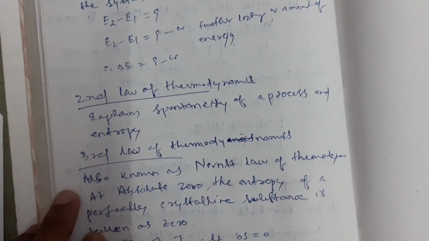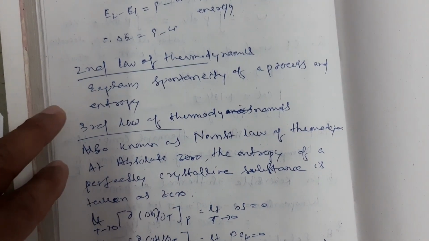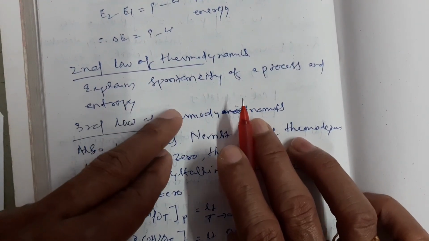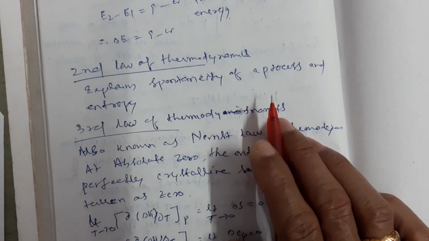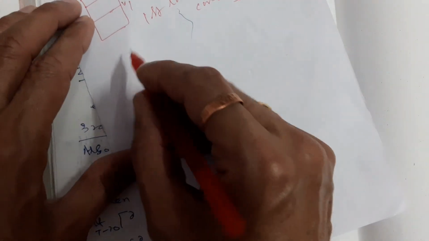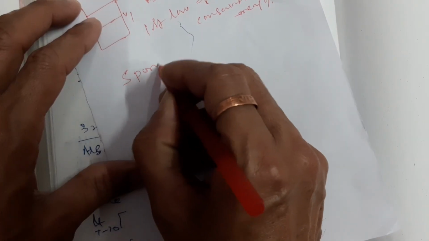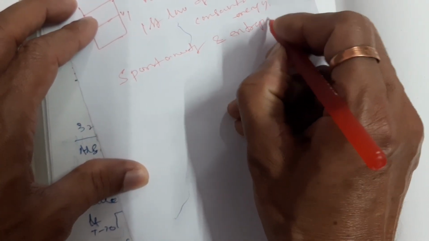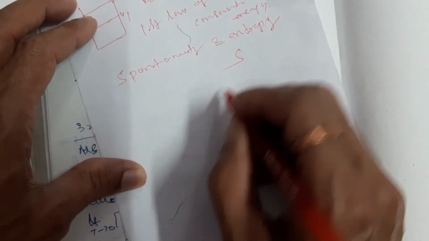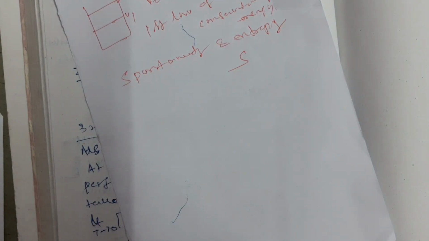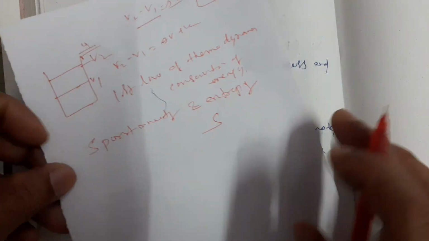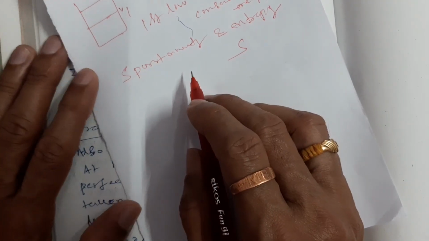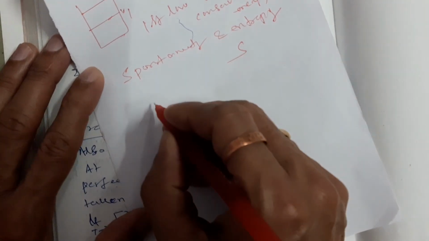Then comes the second law of thermodynamics. What is the second law? It explains the spontaneity of a process and entropy, S. We already learned some things about entropy.